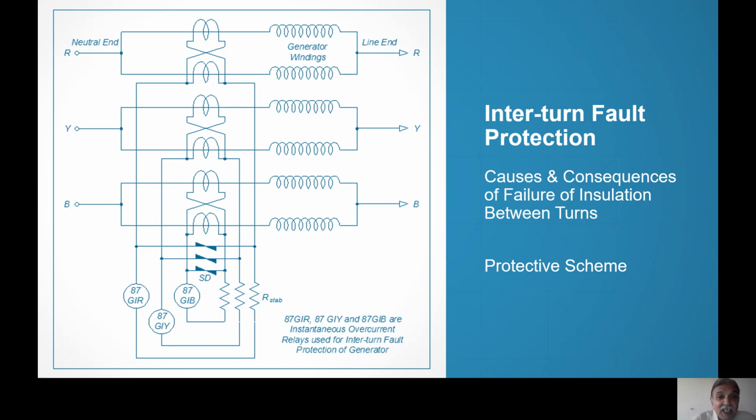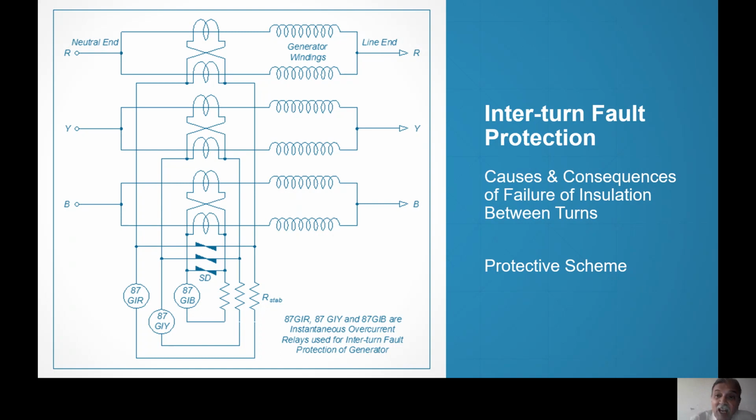But we are not taking it easily, because that hotspot will go on increasing the temperature and it may turn into a line to ground or double line fault. That is quite possible.